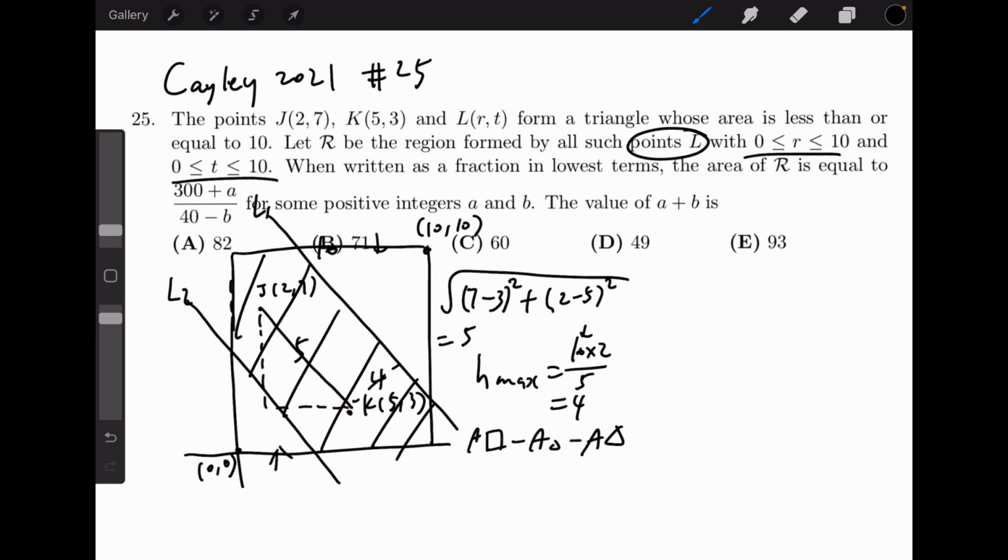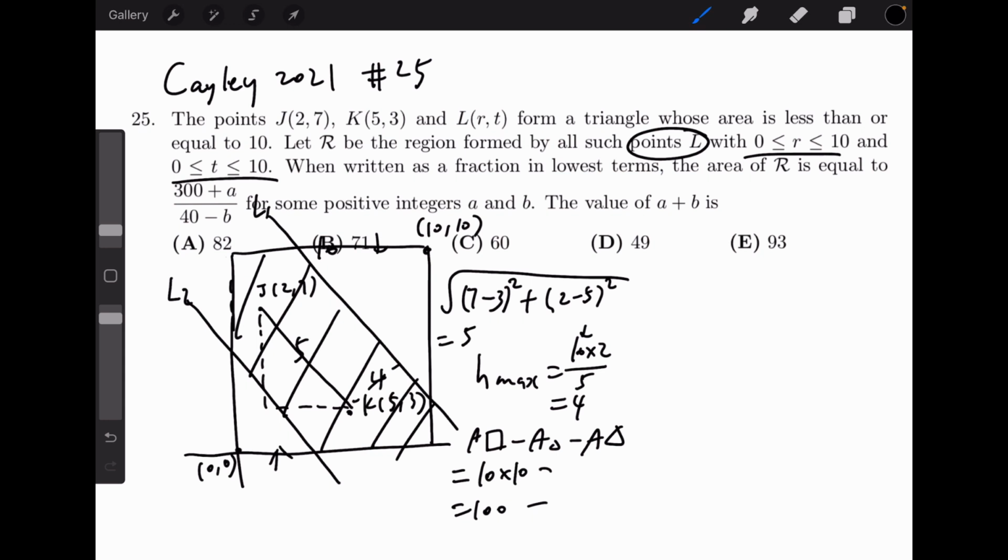But the only thing we know for now is that the area of the square is 10 times 10, which gives us 100. But we don't know the base and height of either the big or small triangle. One way to find them is to find the equations for L1 and L2 first.